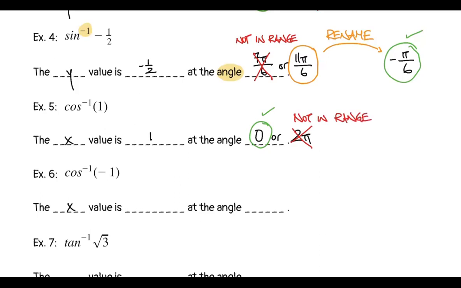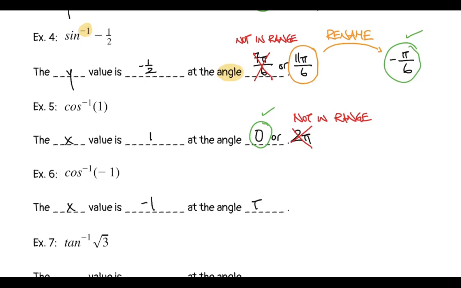Great. For number 6, I'm looking for an x value of -1. Give me the angles where we have an x value of -1. Great.